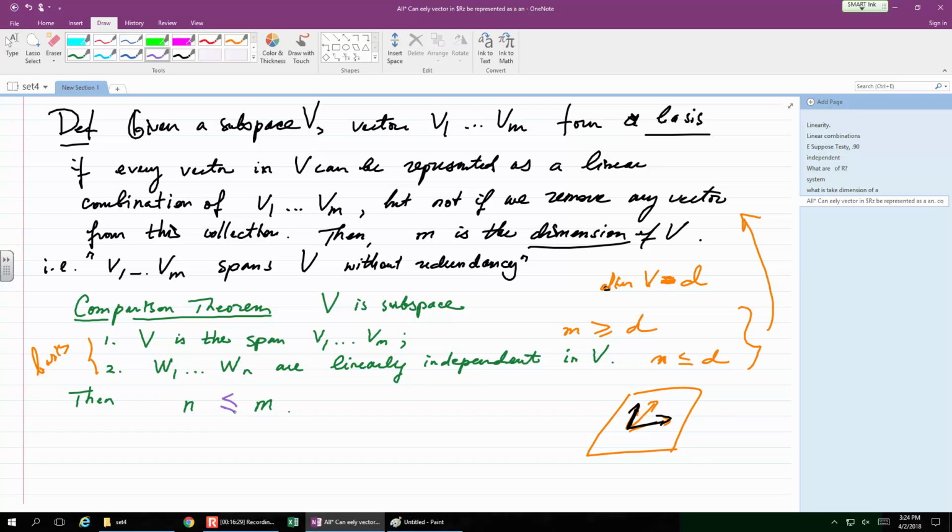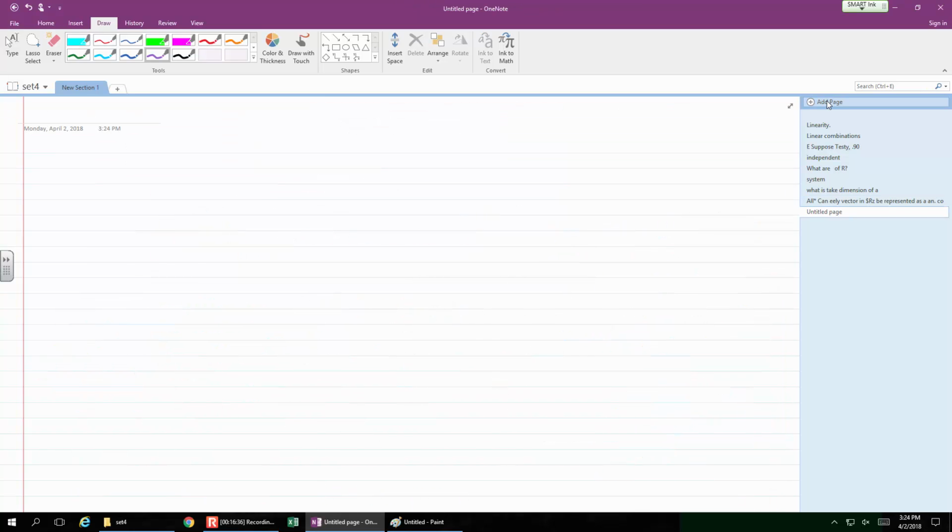Okay, so back to this topic of linear functions. So we try to discuss, even though all the time we have spent talking about bases, what if we have a subspace that does not have a chosen basis?